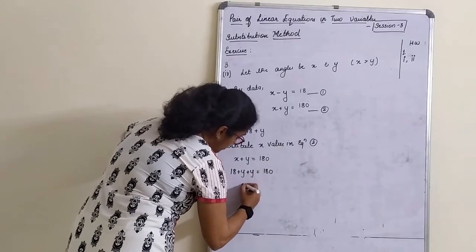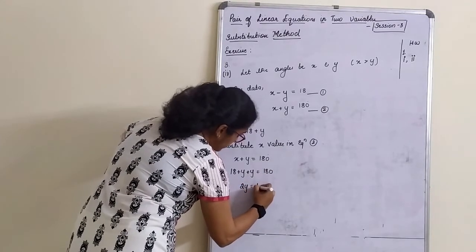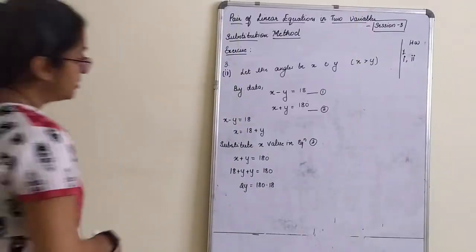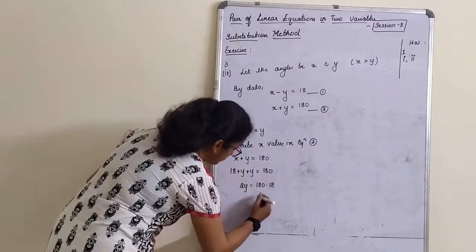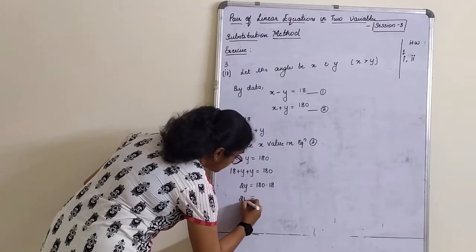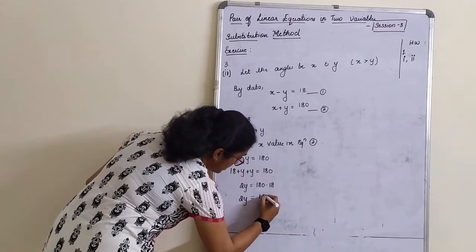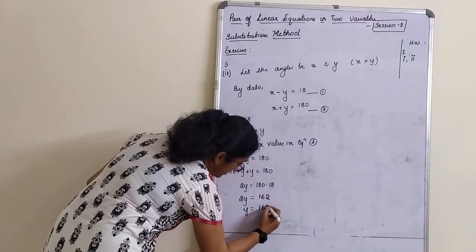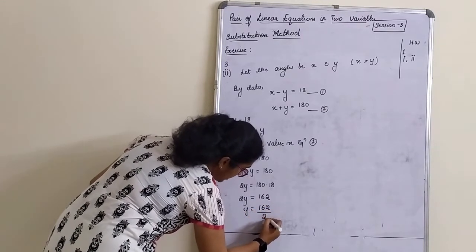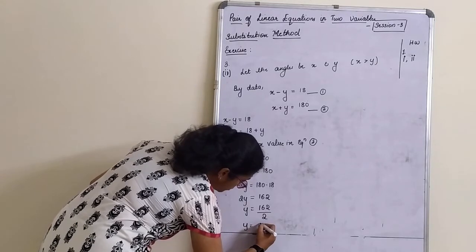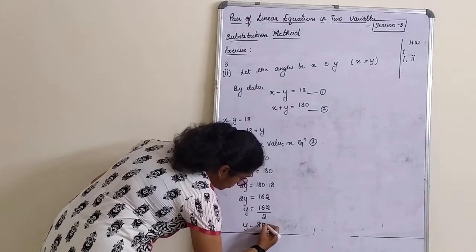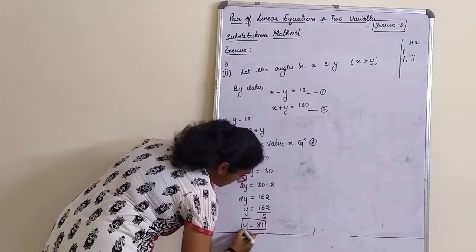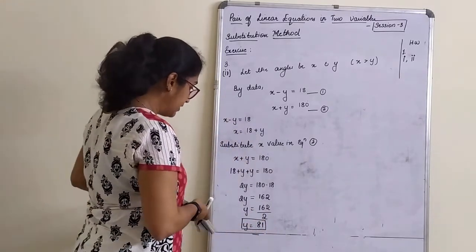So this is 2y is equal to 180 minus 18. So 180 minus 18 will give you 162. y is equal to 162 divided by 2. y is equal to, 2 8s are 16, 2 1s are 2. So y is equal to 81 degree.